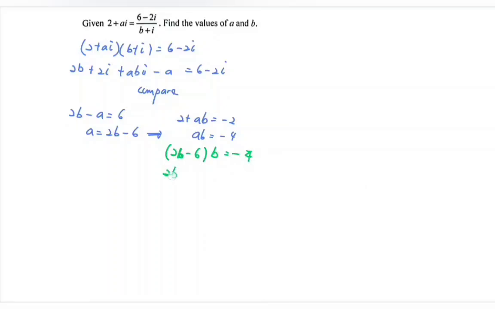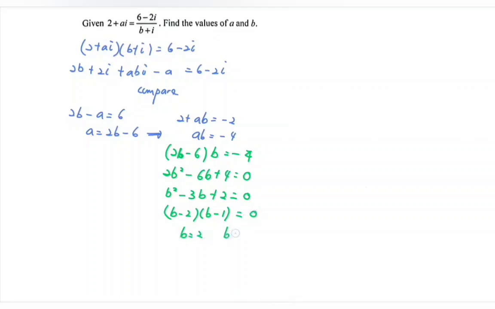If we expand, 2b squared minus 6b plus 4 equals 0. Kindly factor out the situation. We have b squared minus 3b plus 2 equals 0. Factor the situation. We have (b minus 2)(b minus 1) equals 0. So b equals 2, b equals 1. If b equals 2, the value of a will be negative 2. If b is 1, the value of a will be negative 4.